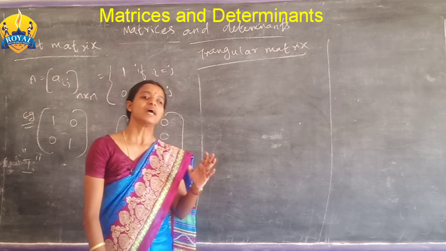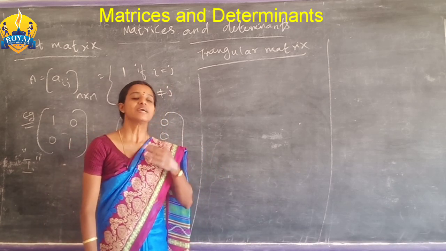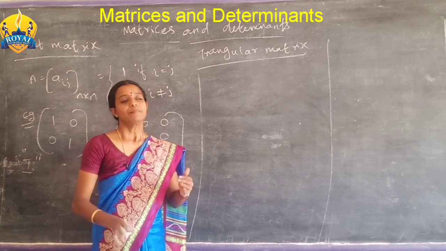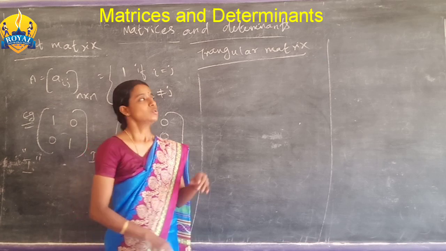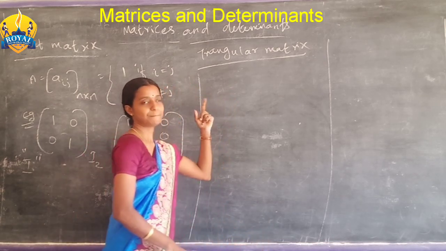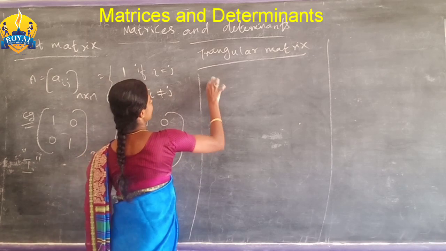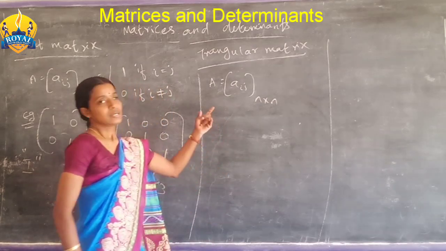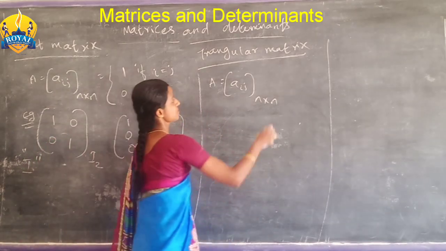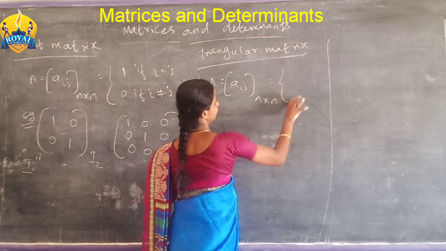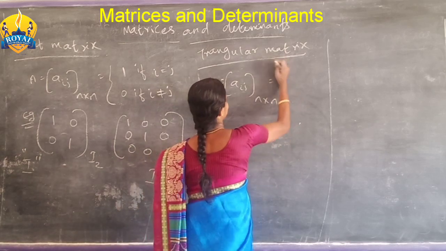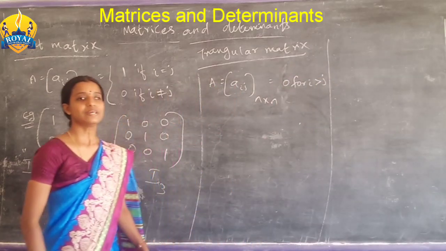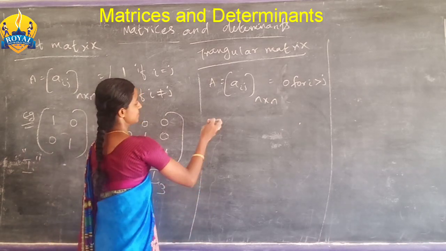A matrix is said to be an upper triangular matrix if the elements below the main diagonal are 0. So a matrix A equal to Aij of order n cross n is said to be an upper triangular matrix. So here Aij will be equal to 0 for i greater than j.